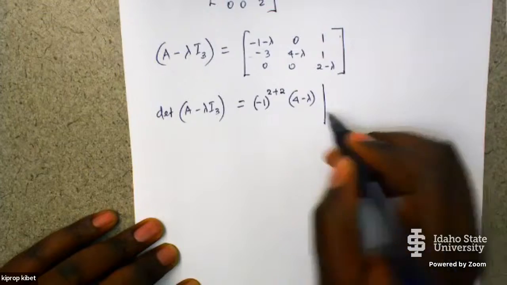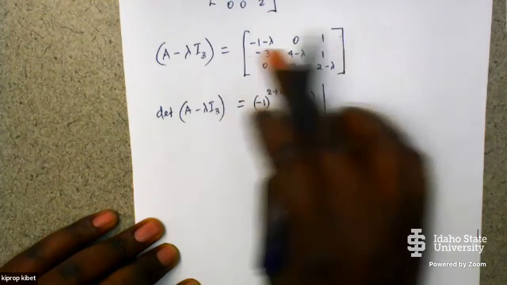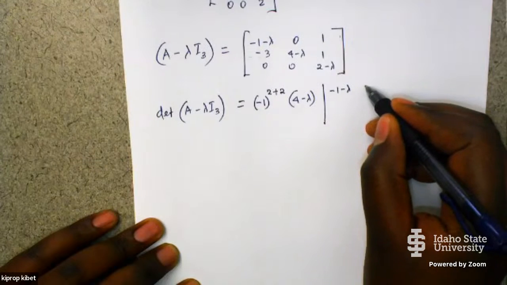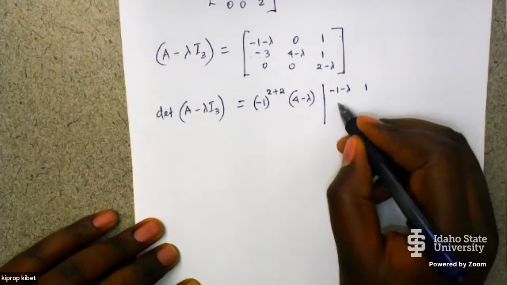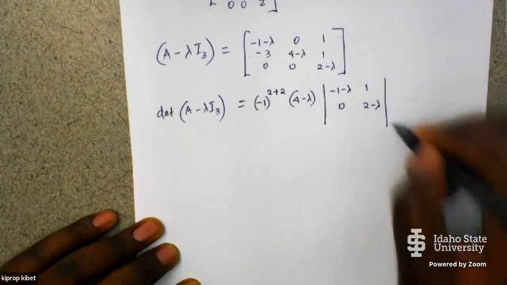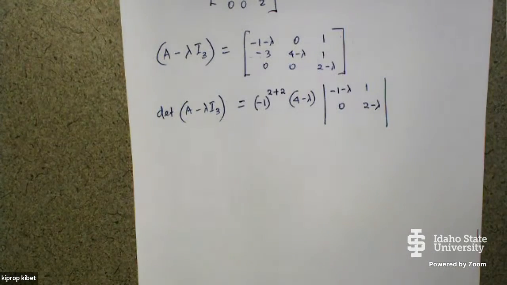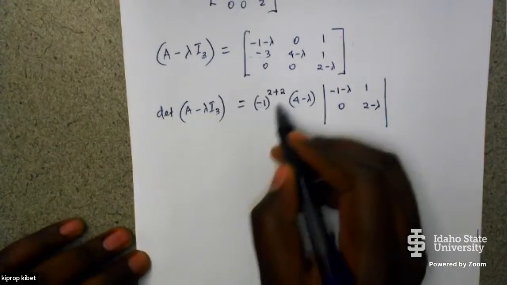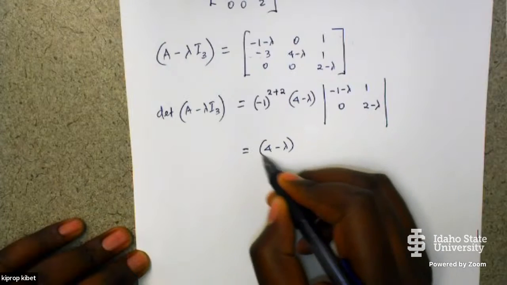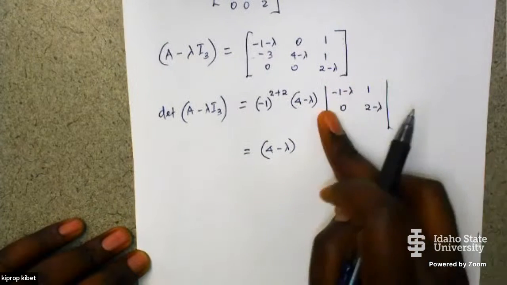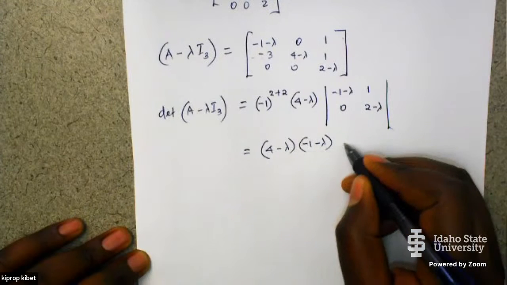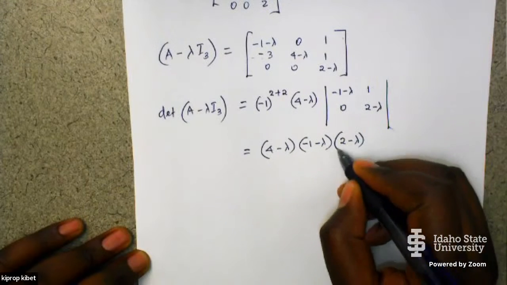And then we need to get the determinant of, we close this and that, -1 minus lambda, 1, and then 0, 2 minus lambda. And then finally, since this one is positive, it is 4 minus lambda, and then the determinant here is -1 minus lambda, 2 minus lambda.